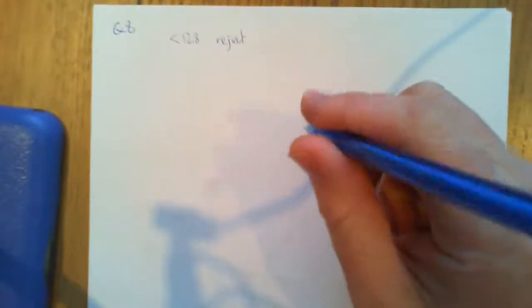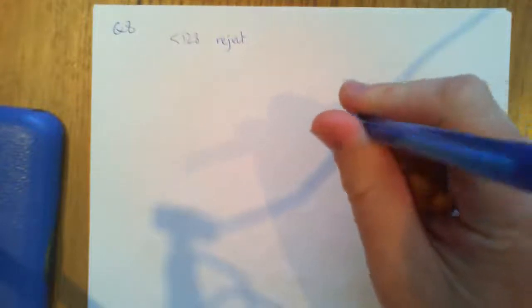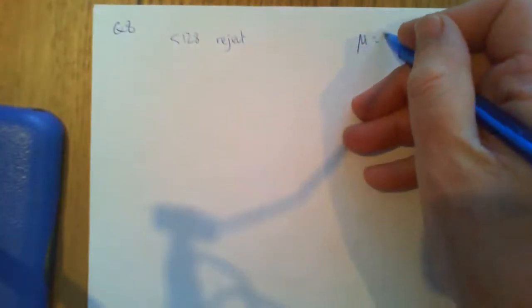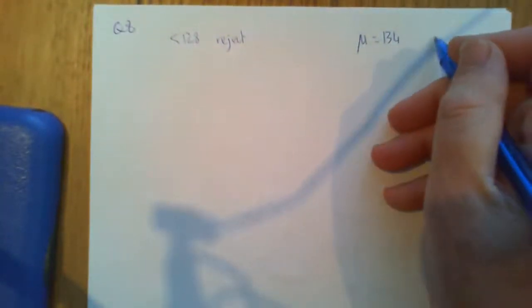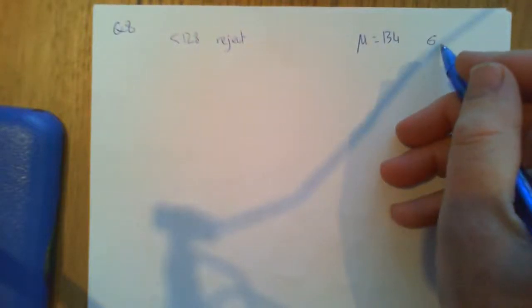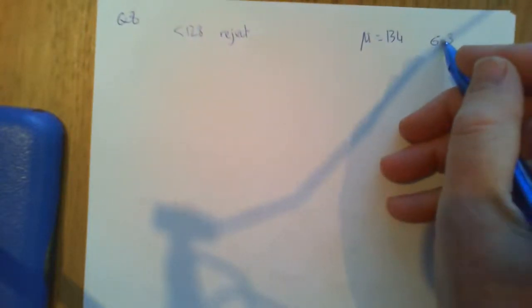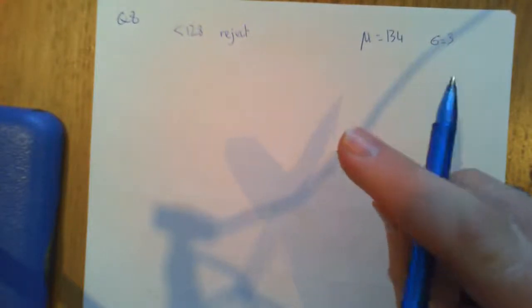Assuming that the rebound height can be modeled by a normal distribution with a mean of 134 and a standard deviation of 3, find out how many tennis balls a batch of 1,000 will reject.